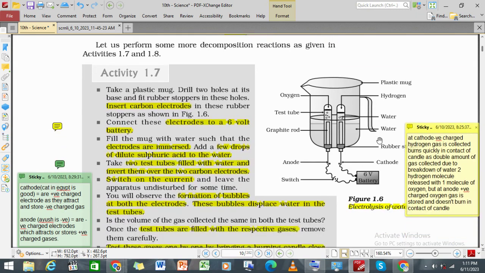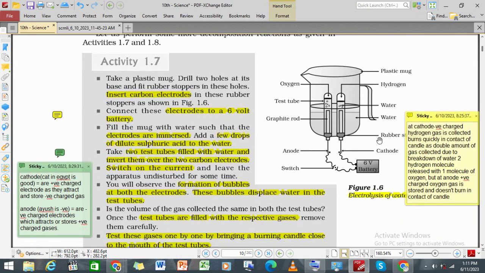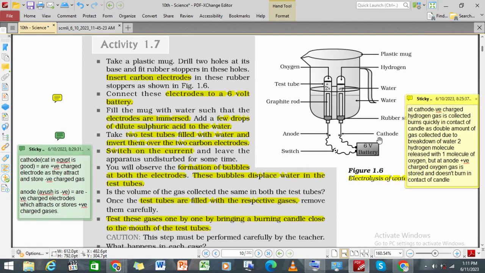All right. Another reaction has been given. We have taken a mug. We have made two holes, and we have placed cathode and anode on it, and connected with a battery of 6 volt. Thereafter, we have also used test tubes to cover it, and we have put water in it, and graphite rods have been fitted.